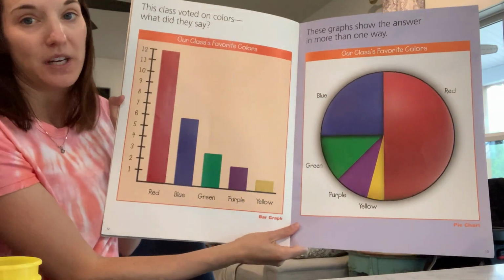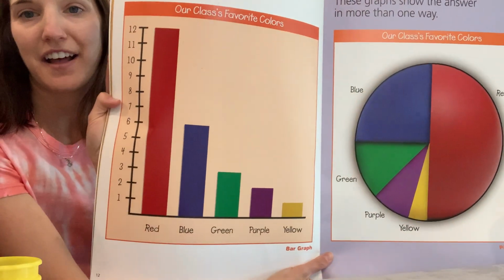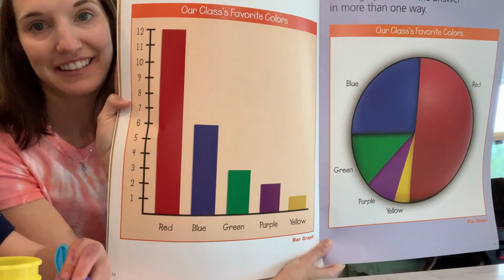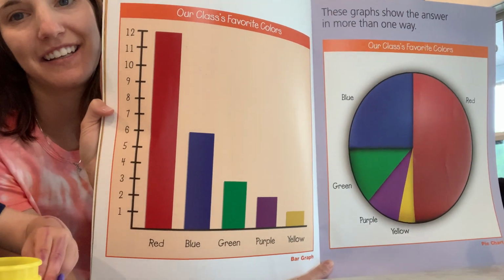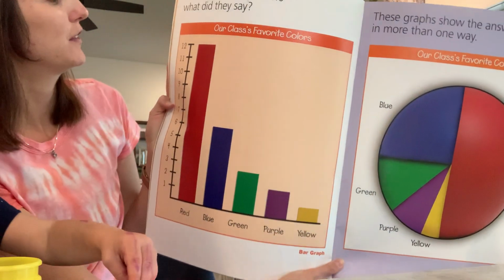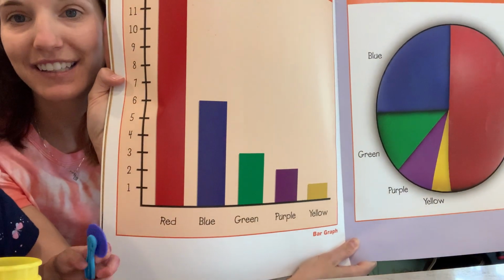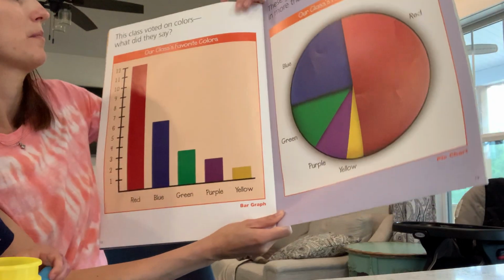This class voted on colors. What did they say? What color is their favorite? That's right, red. How many votes did red get? 12 votes for red. How many people like green the most? That's right, 3 people.